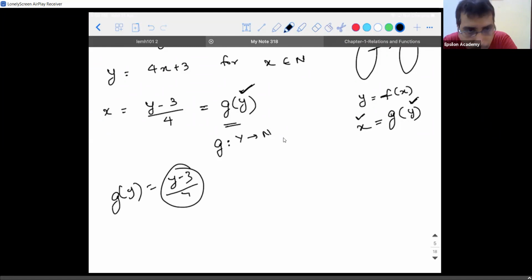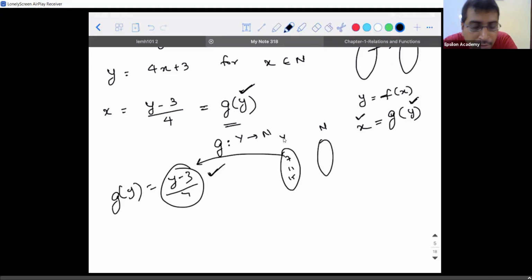Yes, sir. Now what you need to do is, you need to check the domain and the range. When you give the value of y as a natural number, are you getting a natural number is what you need to check. So what does the set y contain? Set y contains 7, 11, 15.